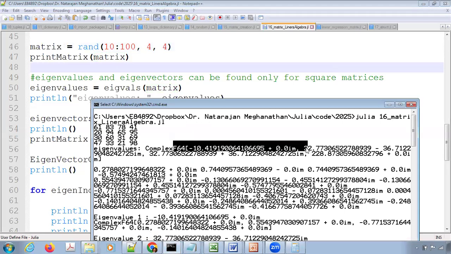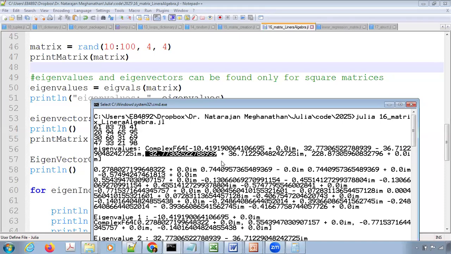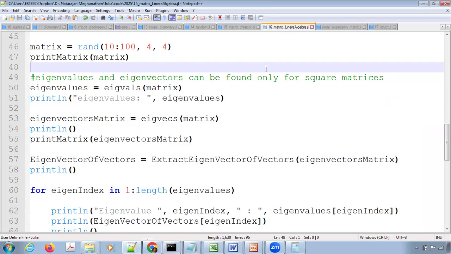This 32 is the real part of the complex number, and negative 36.71 is the imaginary part. And this is a third eigenvalue with this real value and imaginary value. And the fourth eigenvalue has this real component, and the imaginary component is 0. So the eigenvalues could be complex numbers.